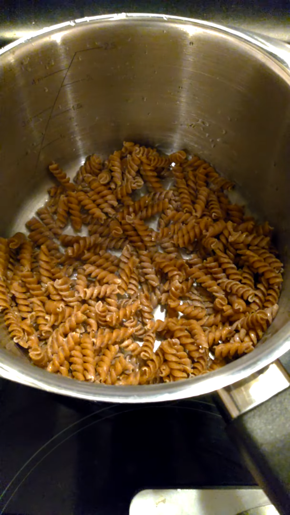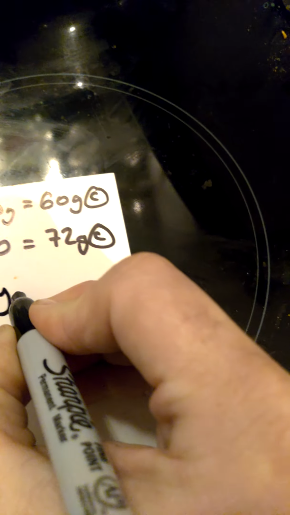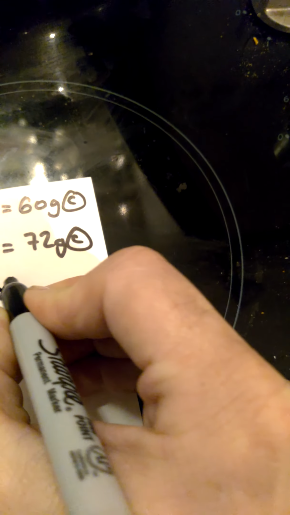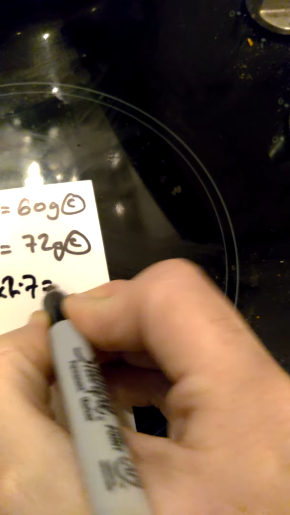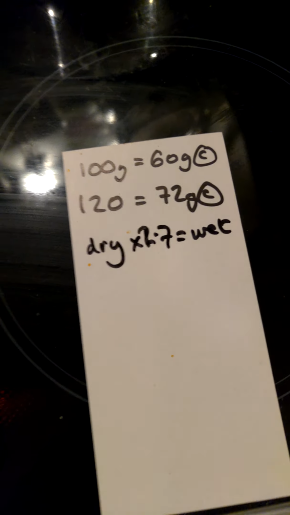But I'll show you in a bit that once you know the multiplication from dry times 2.7 equals wet, it's handy knowing that multiplier just for a lot of foods that you eat normally.